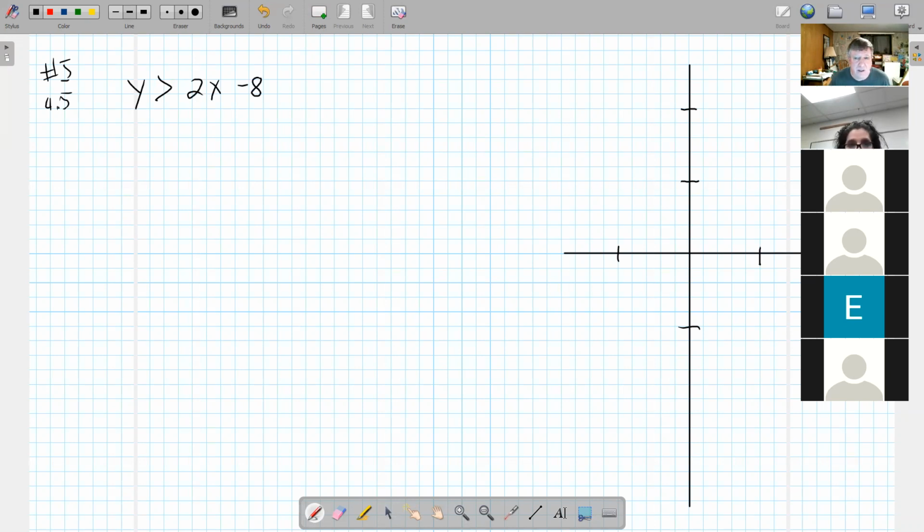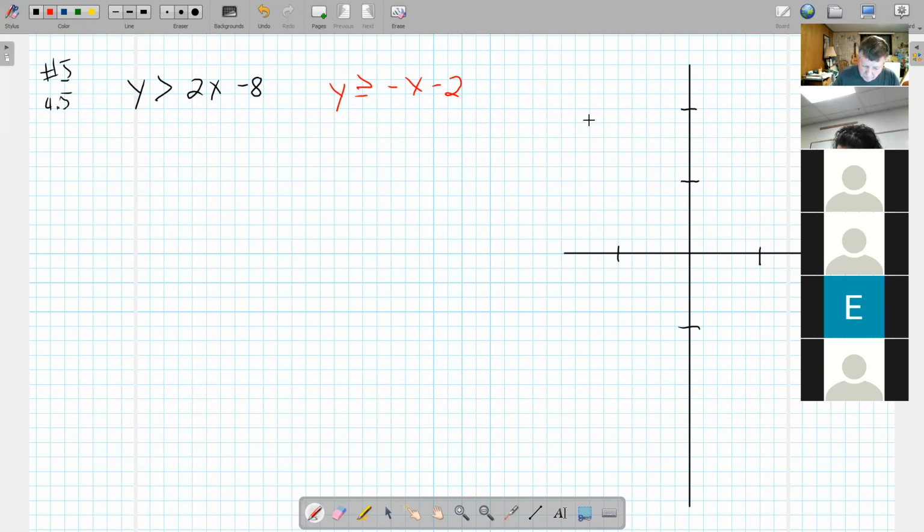And our second inequality is y is greater than or equal to negative x minus 2. Now, in this particular problem, both of the inequalities are already in slope-intercept form. So I'm going to go ahead and do them that way. I don't know if the student did it that way, but the next problem I'll do a different way.